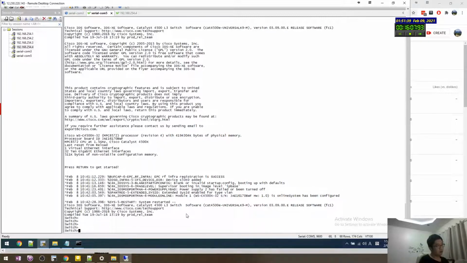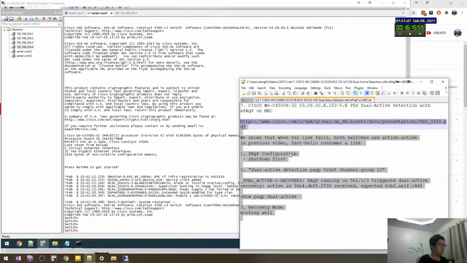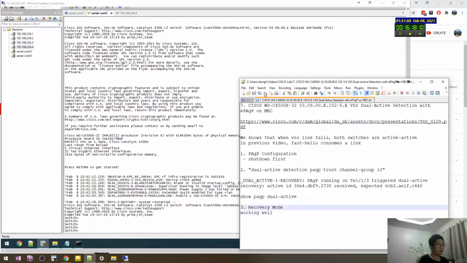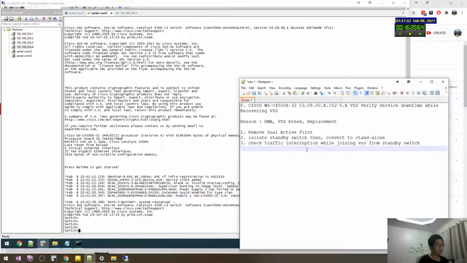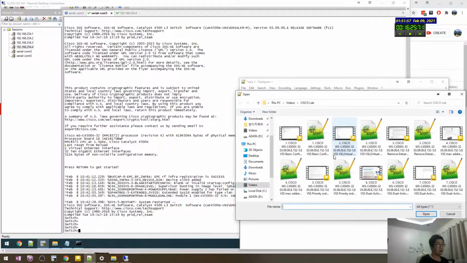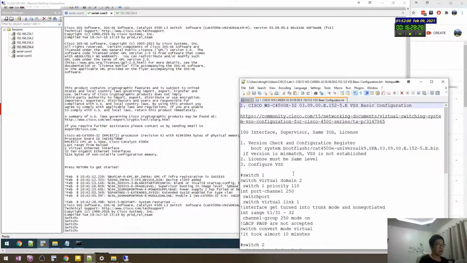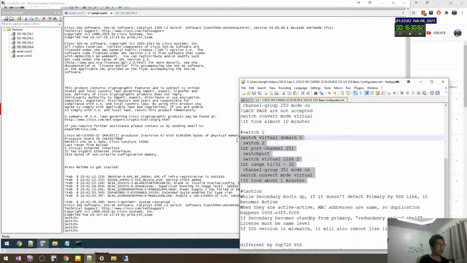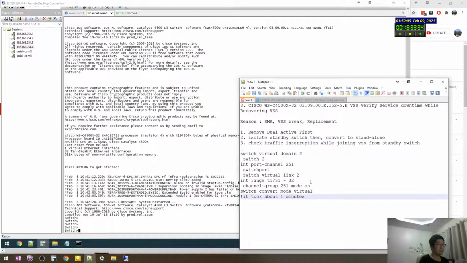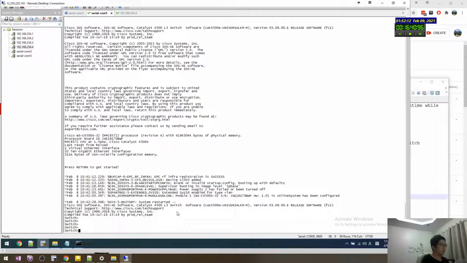Okay, let's assume this is the new switch and then try to join the VSS again. To do this, configure. To configure, I will copy the secondary. Why?